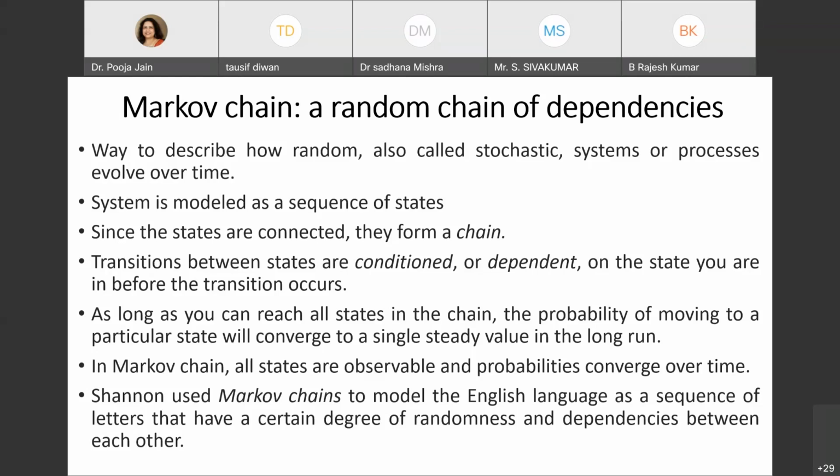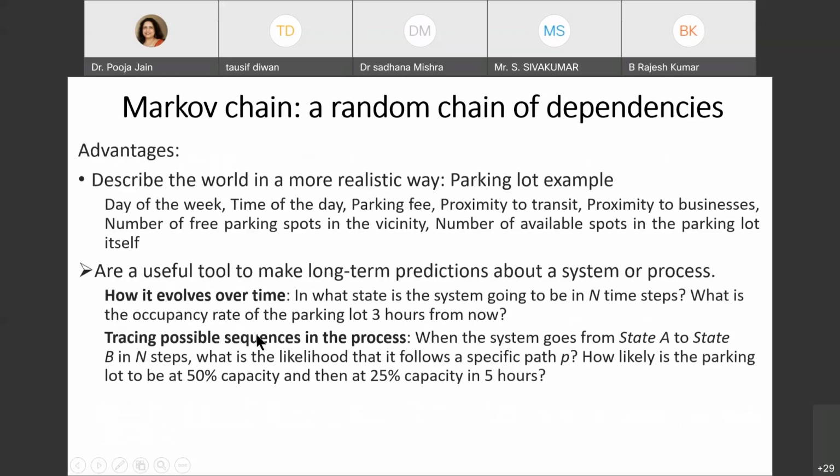What are the advantages of this? See, if you take any real life example, suppose we take the example of a parking lot. Various characteristics are there in a parking lot, like the day of the week, the time that you are using for parking, the fee of that parking, proximity to transit, proximity of busyness, the number of free parking slots in that vicinity, the number of available parking slots.